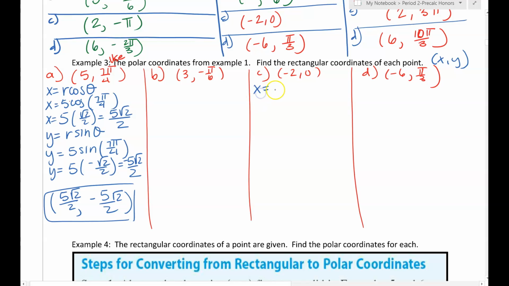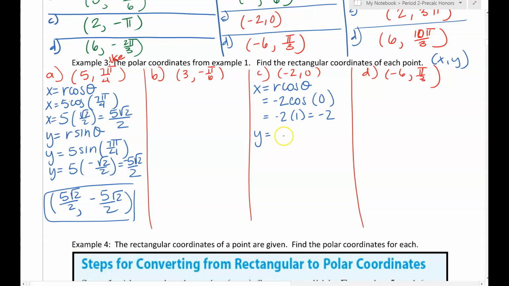C, same thing. I'm going to do r cosine of theta. R happens to be negative 2. Cosine 0 is 1. So guess what? You get a negative 2 back.